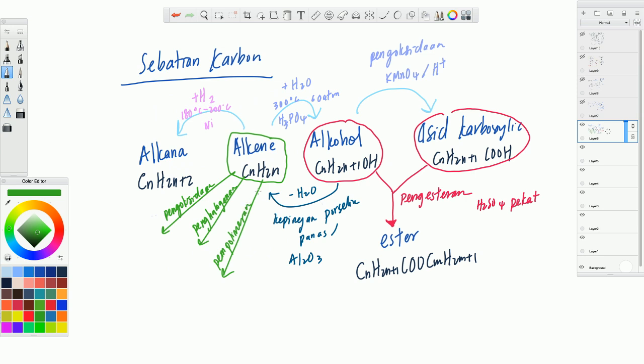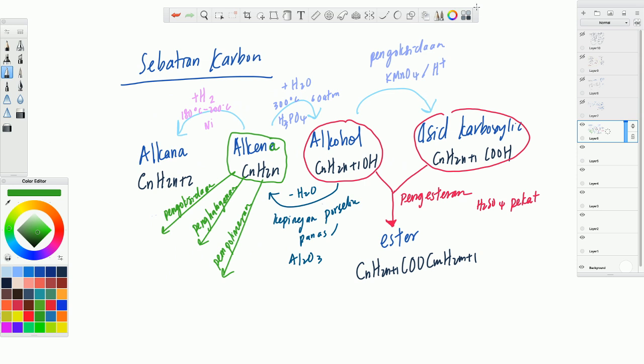Ini disebabkan alkena mempunyai ikatan double, so dia banyak boleh bertindak balas. Pengoksidaan boleh menggunakan kalium manganat(VII) berasid atau kalium dikromat(VI) berasid.